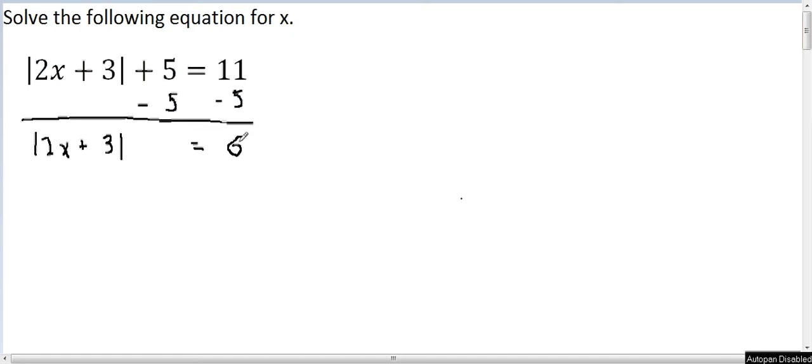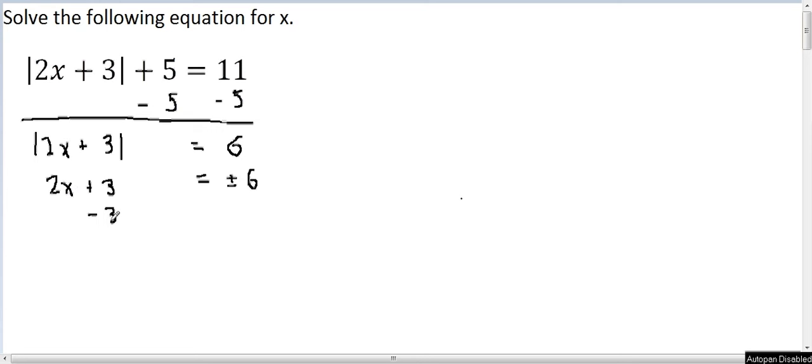But in this case, 6 is a positive number, so when we remove the absolute value signs, we have to take both the plus and minus of this number. So 2x plus 3 is equal to plus or minus 6. Then we can solve this equation for x.